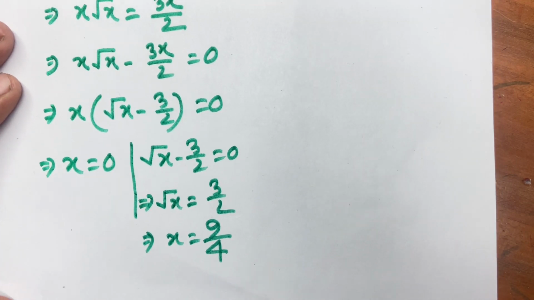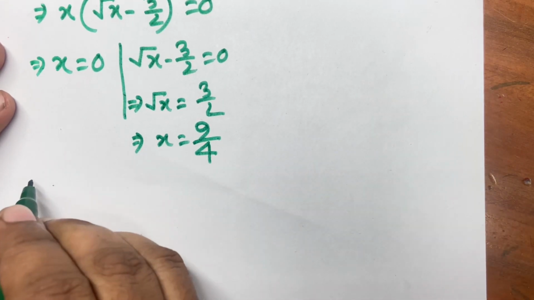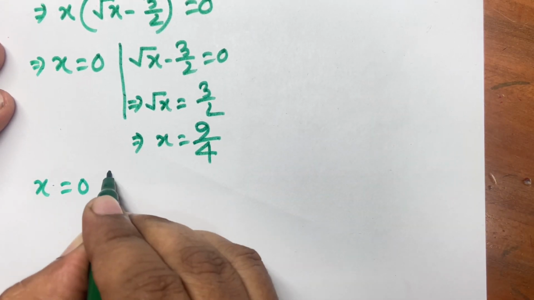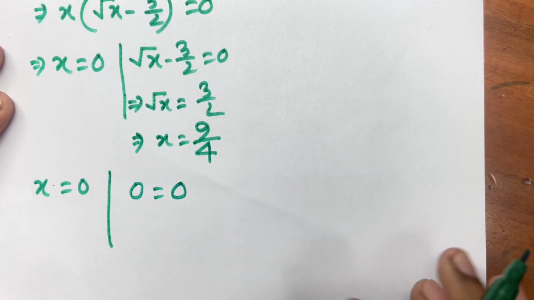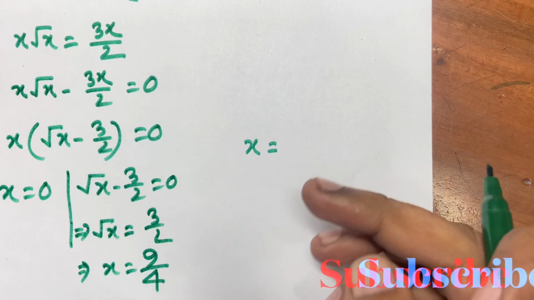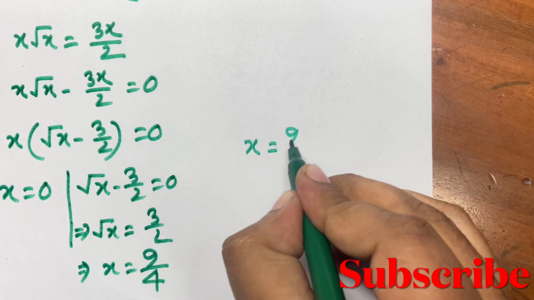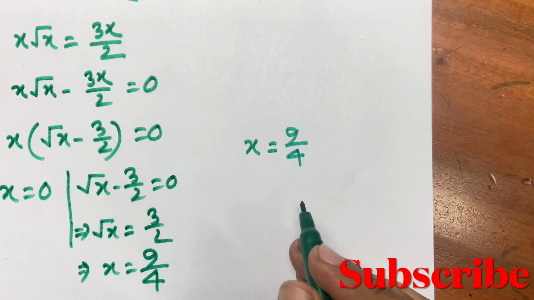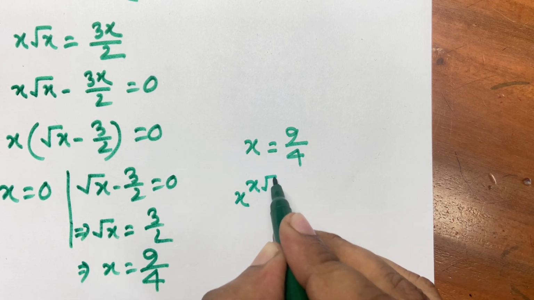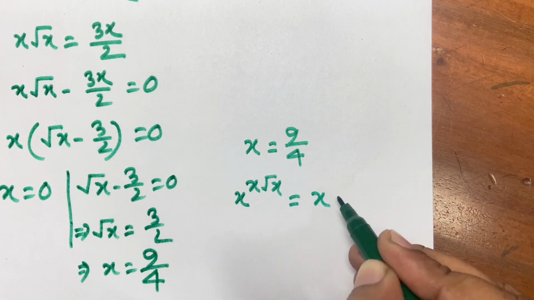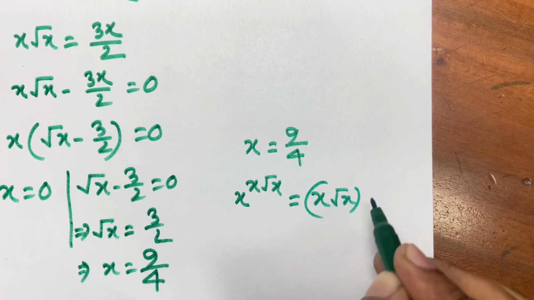Now I can check. When x equal to 0, this time I can say easily left hand side and right hand side 0 equal to 0. And when x is equal to 9/4, this time I can say this equation is x to the power x root over x equal to x root over x power x.